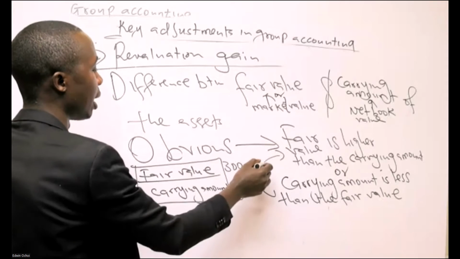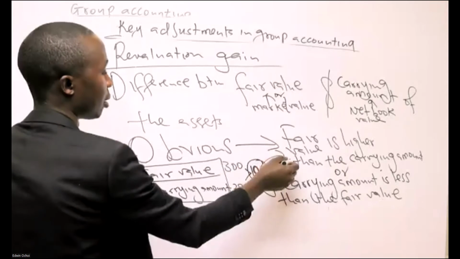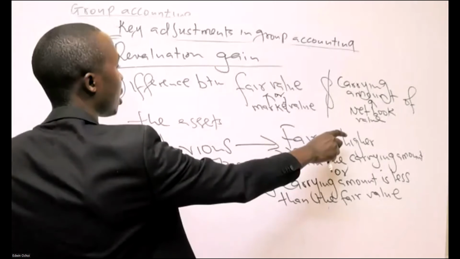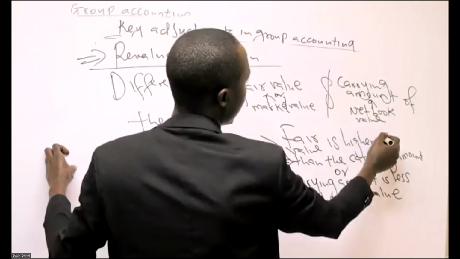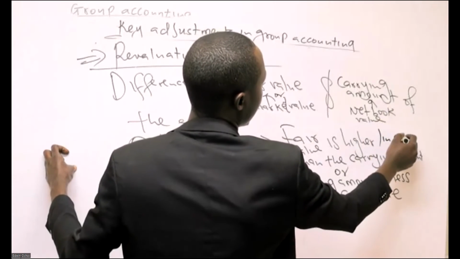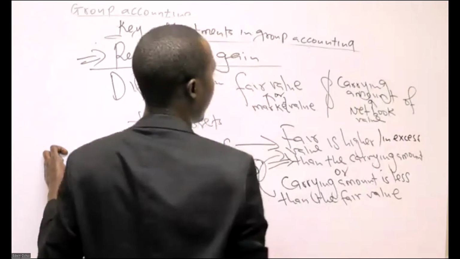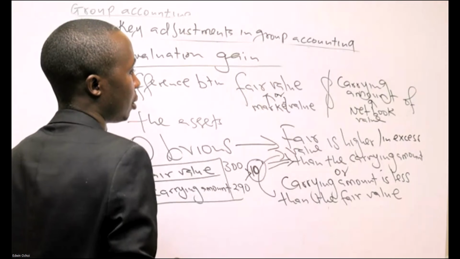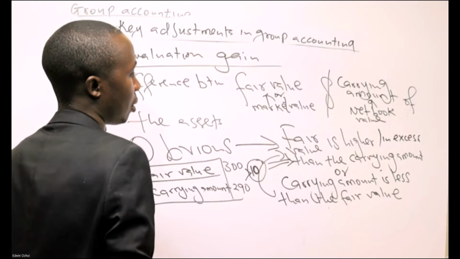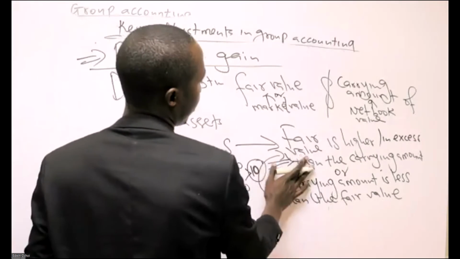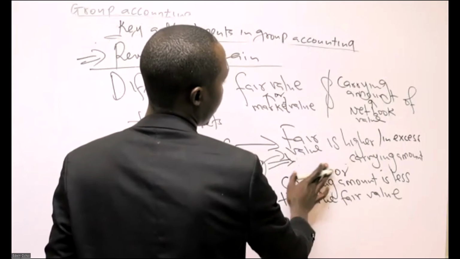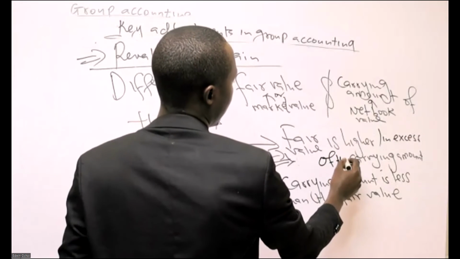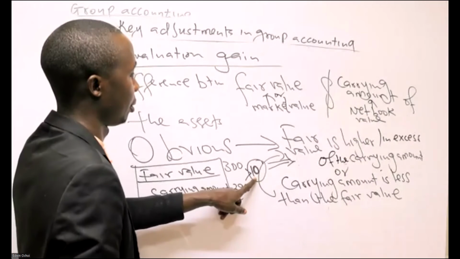Or they can give it to you directly by saying the fair value is higher, or in excess, of the carrying amount by 10.